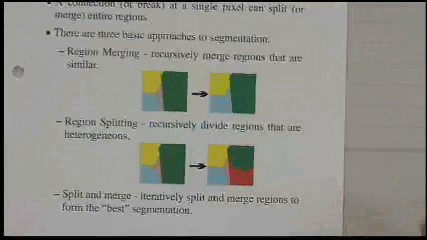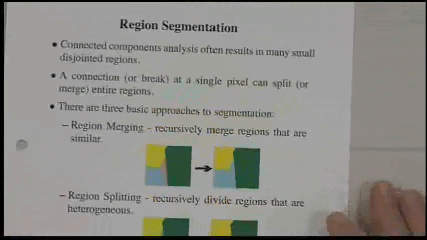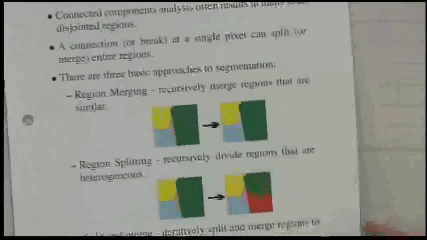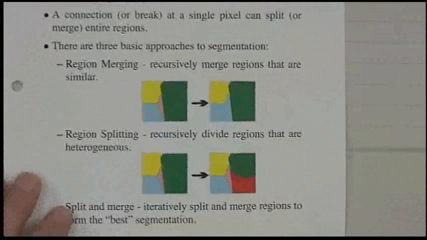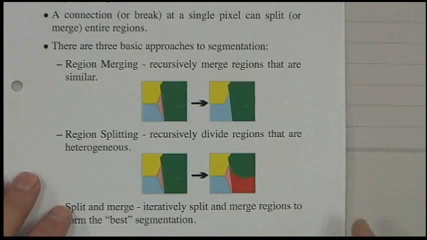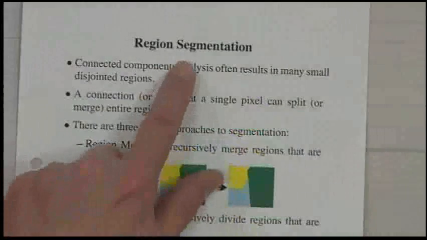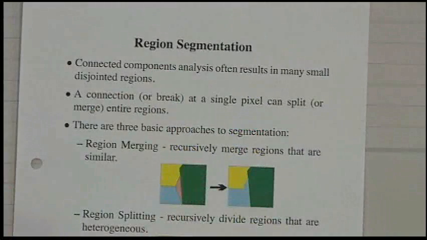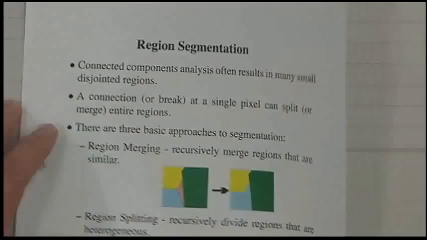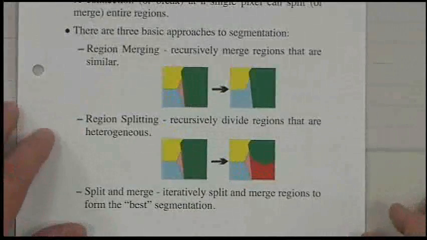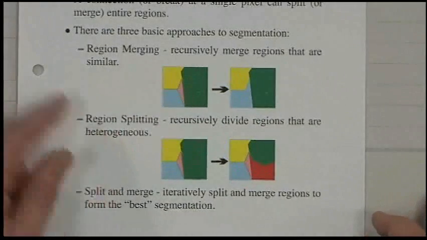Let's see. Okay, now, segmentation. There are 2 fundamental methods for segmentation. One is merging. This is region-based segmentation. In region growing, we were really looking for edges. In region-based segmentation, there are 2 fundamental approaches. One is merging, and the other is splitting.